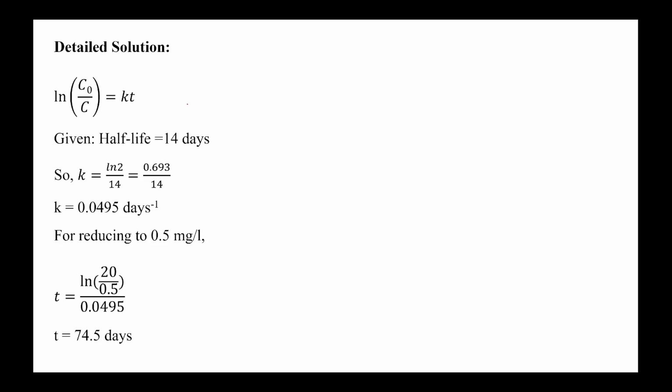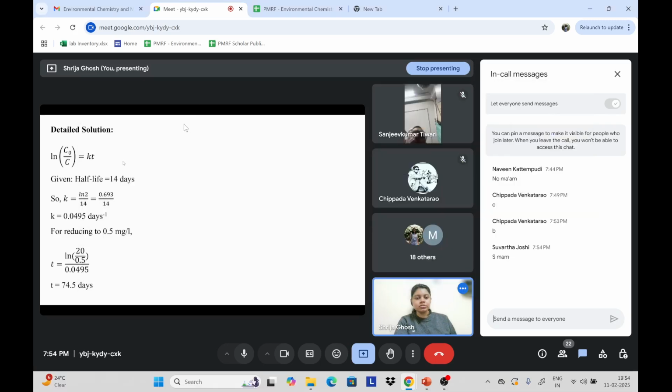Here's the solution. So you can see in the solution. So we solved for the rate constant. Just like I told you, 0.693 divided by 14. So the rate constant is coming as 0.0495. And then you just have to replace the rate constant in the rate equation to get the time.